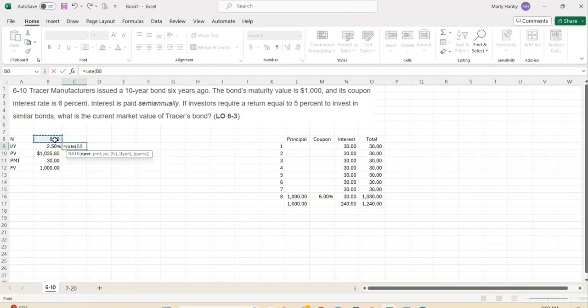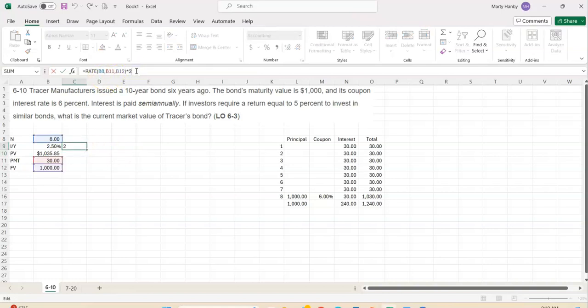My number of periods is 8. Then my payment is the $30, comma, future value. It does have a place for a guess, but that's unnecessary. The important thing here, since we're doing semi-annual, is that to annualize it, we multiply by 2.